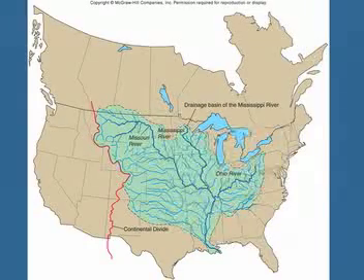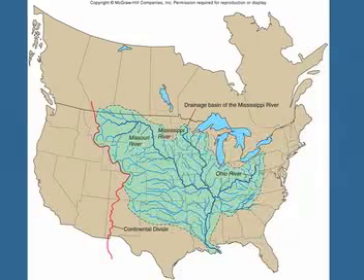Check out the Mississippi River, the Missouri River, the Ohio River, and many other streams and rivers feed into it. It is huge. And check out, there's even a little bit up in Canada. Oh, maybe we'd better be nicer to Canada, because they could pollute a major water system that runs through most of the United States. So look at that.